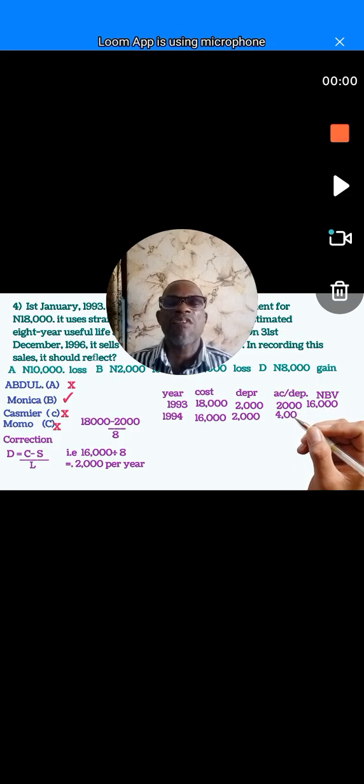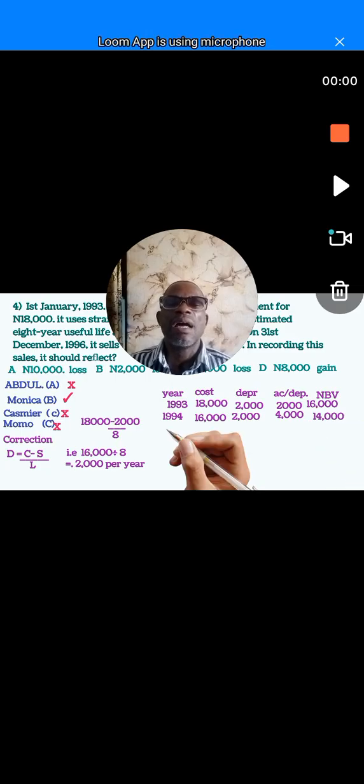Then 1995, the net book value brought down is 14,000, depreciation is 2,000, while accumulated depreciation is 6,000, and the net book value becomes 12,000. Good.